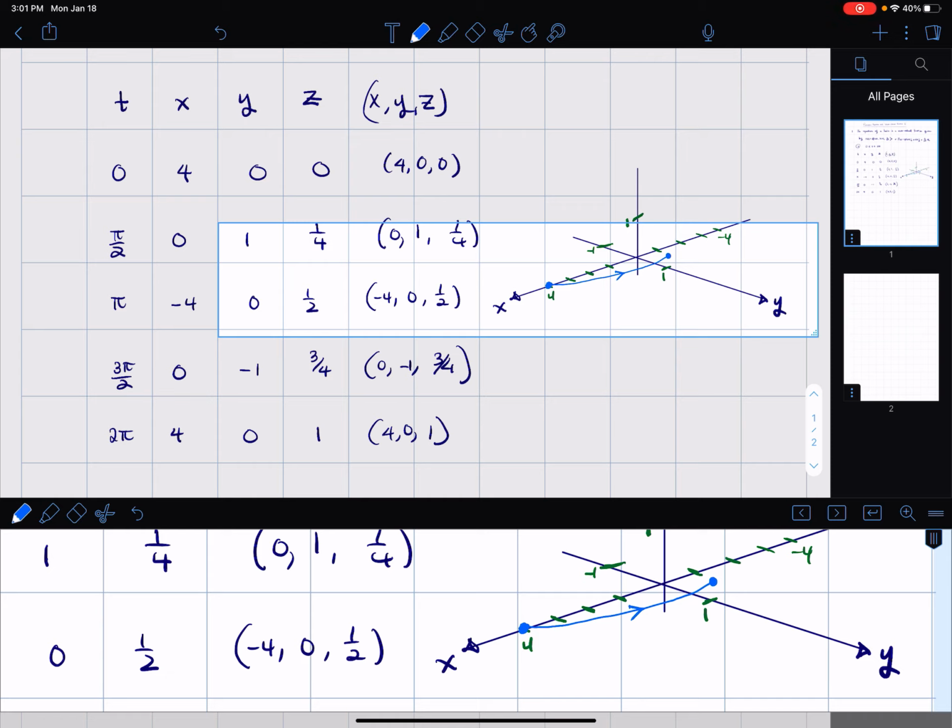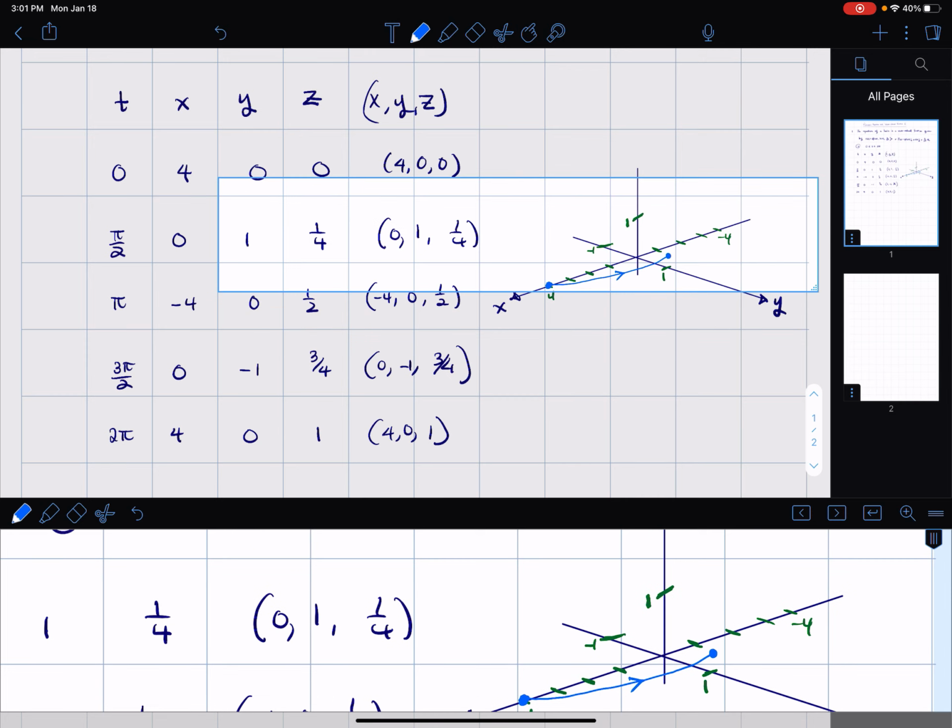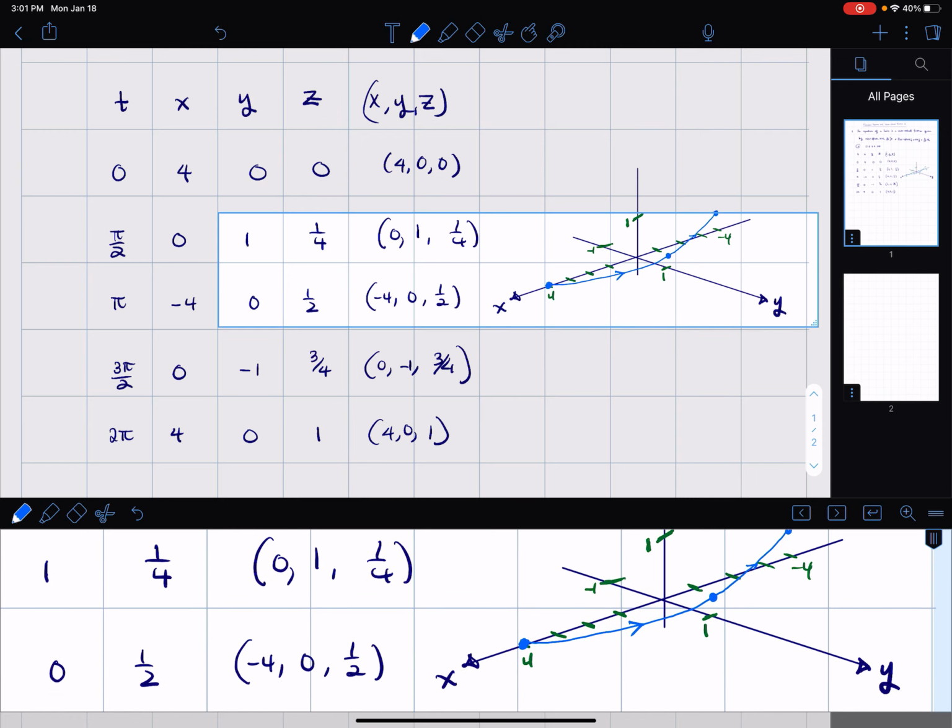The next one is negative 4, 0, 1/2. So negative 4, 0 is here. You move 1/2, you'll be there. All right, still in this direction. And then we have 0, negative 1, and then 3/4.